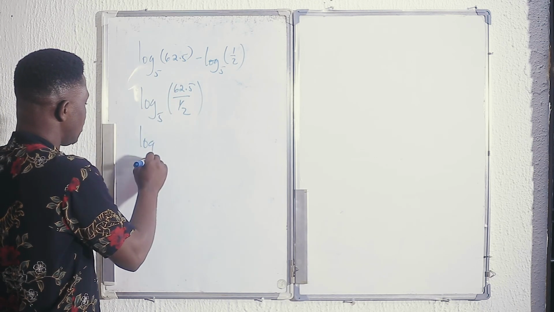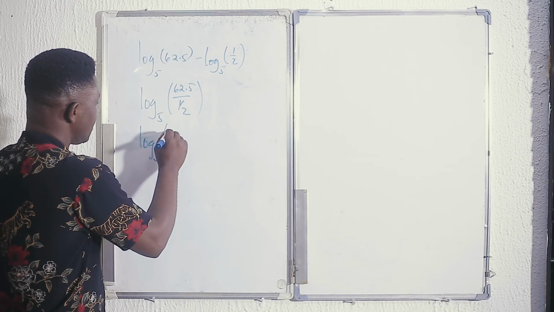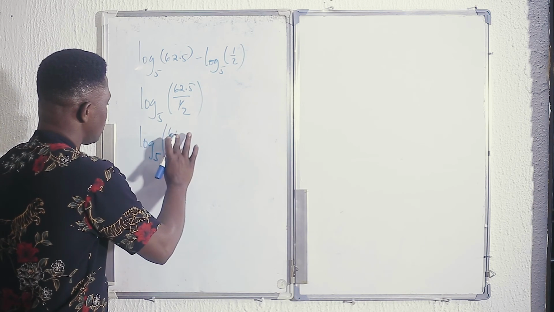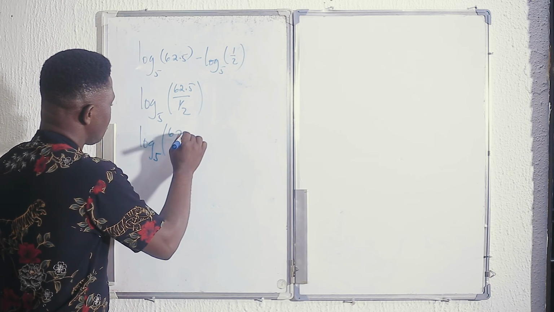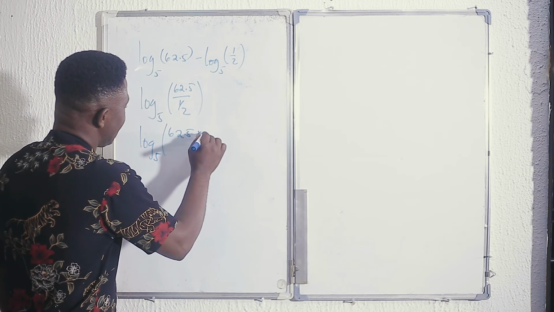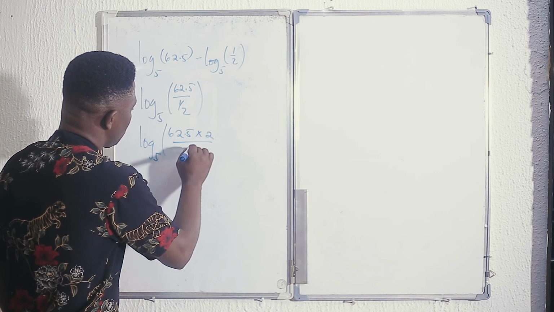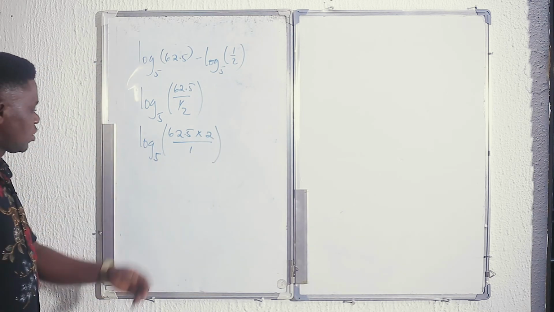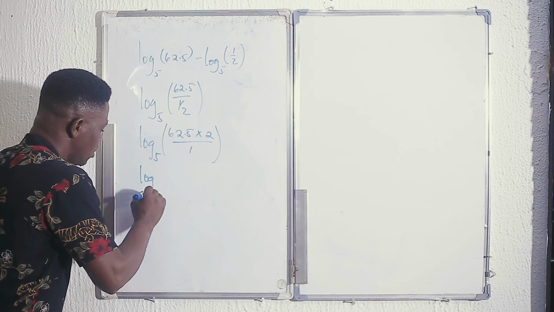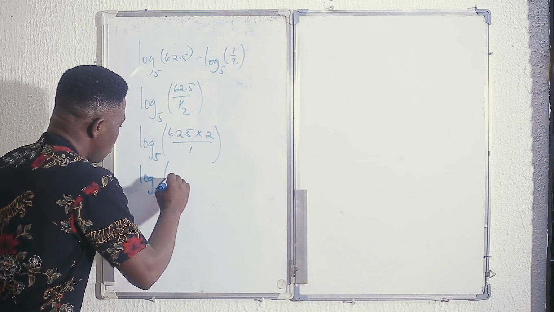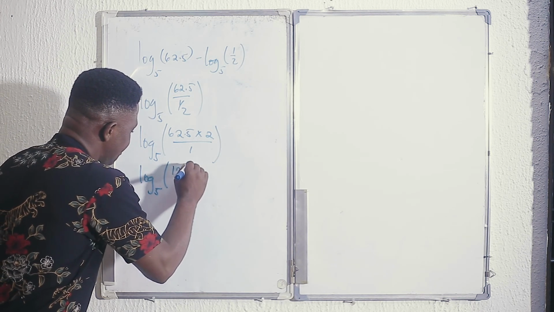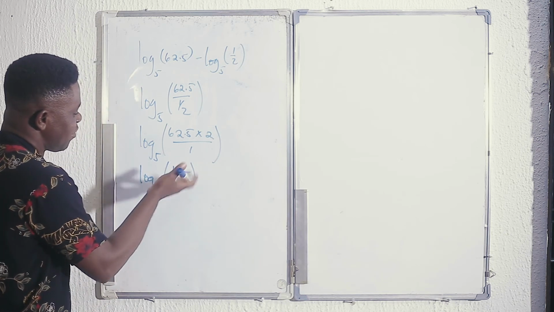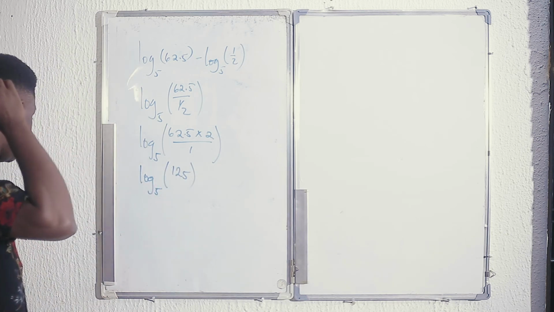So this is log base 5 of 62.5 times 2 all over 1. So this is going to be log base 5 of 125. 125 over 1 is 125.